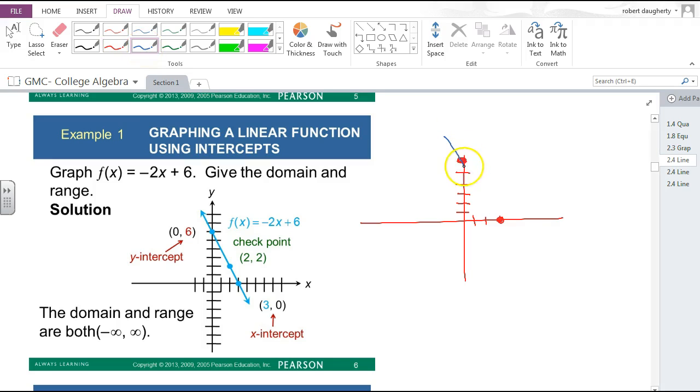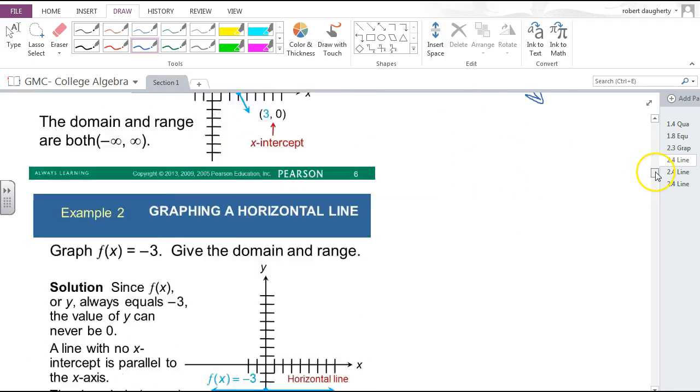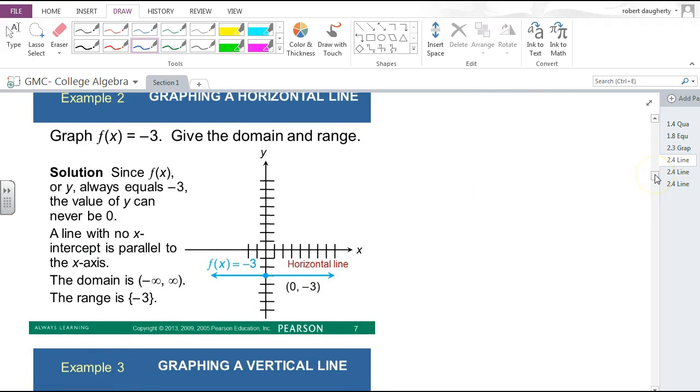If I connect these like so, that is the line negative 2x plus 6. So that was a way of finding the intercepts. If you set x equal to 0, you're finding the y-intercept. If you set the y or the f of x equal to 0, you're finding the x-intercept.